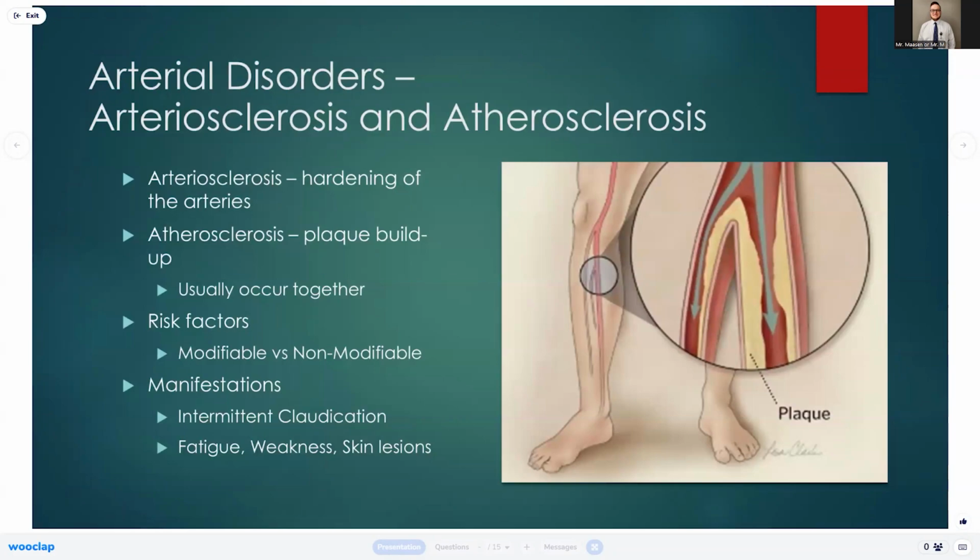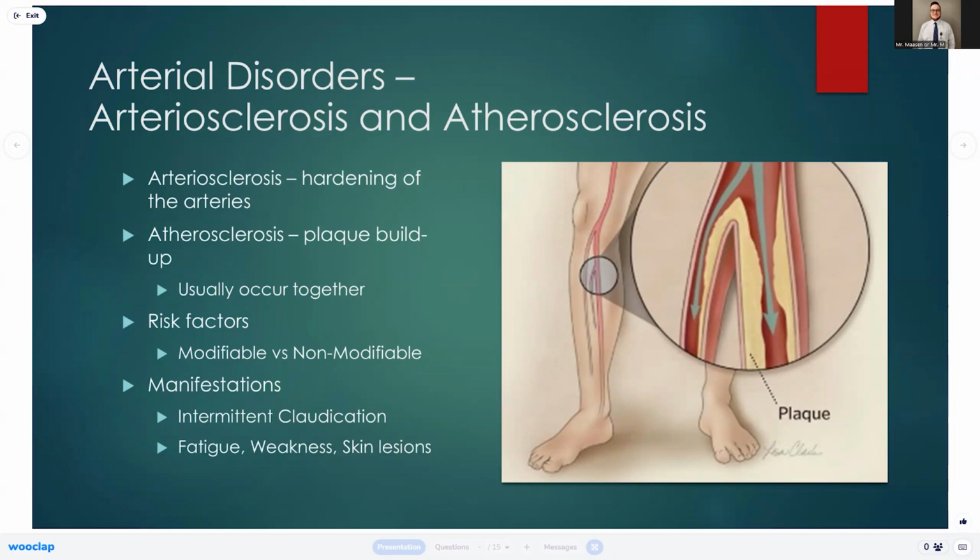So arterial disorders, any disorders involving the artery, are the same problem as you would have with coronary artery disease, and the risk factors are exactly the same for development of coronary artery disease. So the same modifiable versus non-modifiable risk factors you'd see in that, it's all related to the atherosclerosis.